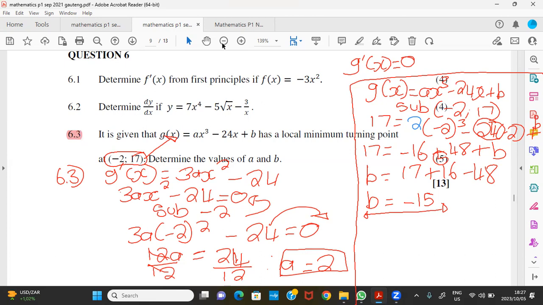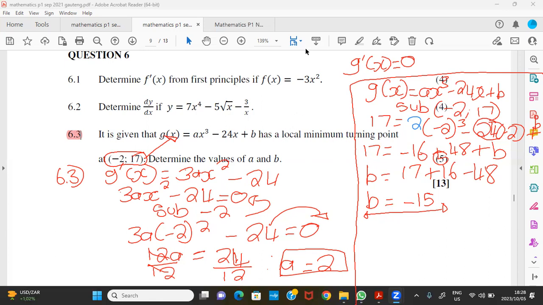Okay, so let me move to the last one. Another question, similar to your 6.3, where they give a maximum turning point. It would basically be the same steps, because it's still a turning point at the end of the day.